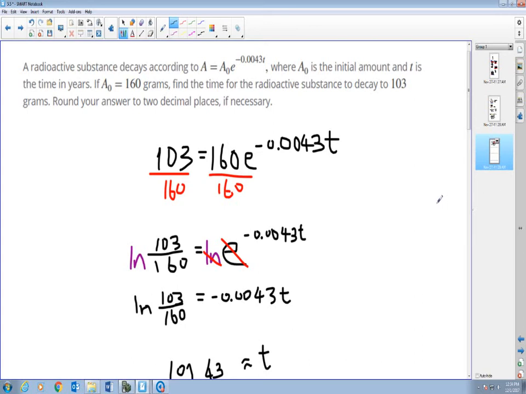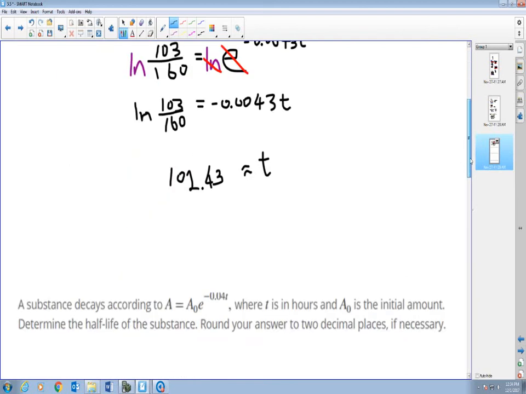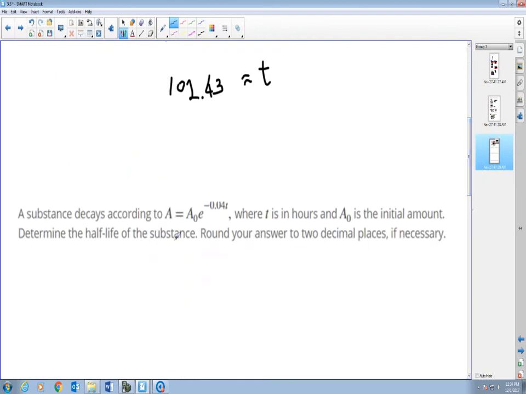Let's try another one, okay? This problem is slightly different. This problem does give me an exponential decay, but it says A sub null is the initial amount, time is in hours, determine the half-life of the substance. It basically wants me to find the time it takes to decay down to half-life. So what does that mean? I mentioned this before.